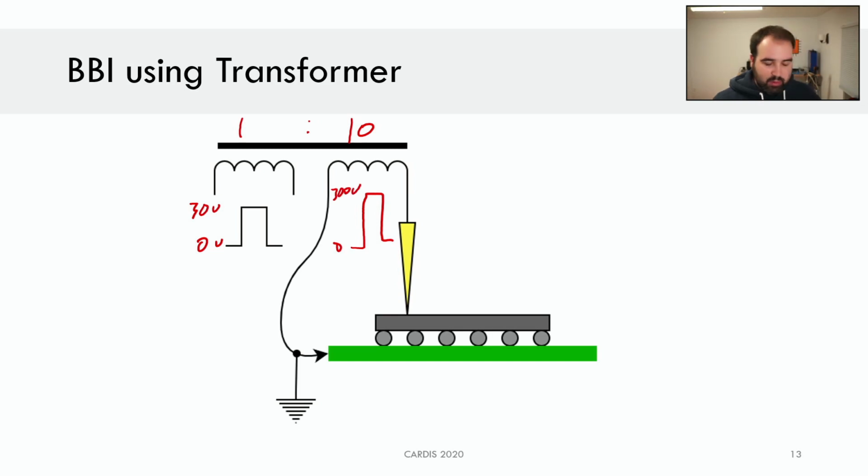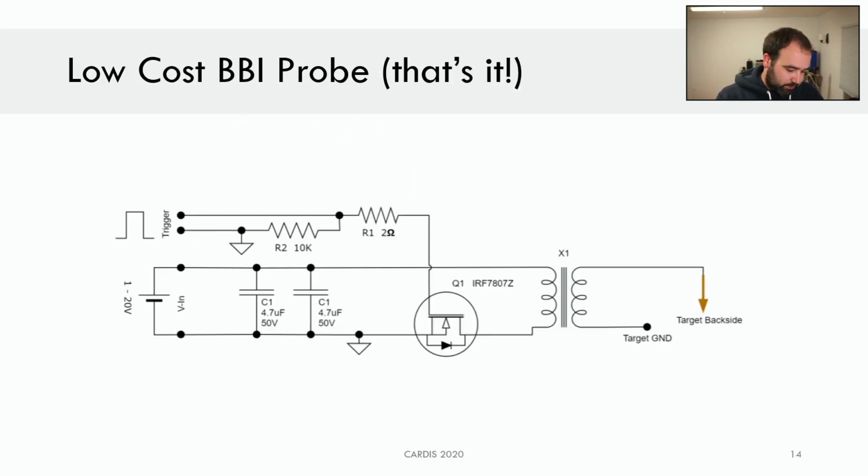Of course it doesn't exactly work like that. But the basic idea is that by using a transformer, we can easily generate this low voltage pulse that then injects a higher voltage pulse onto the backside of our die. So this is how we make BBI injection much more accessible.